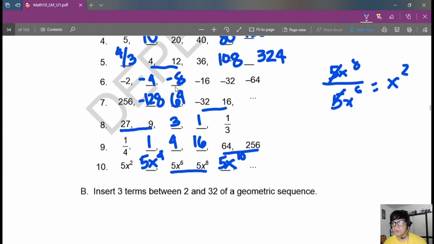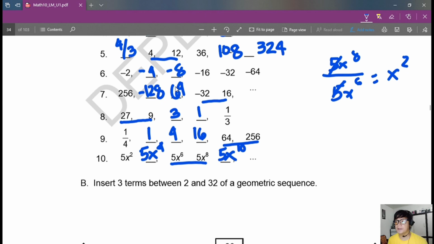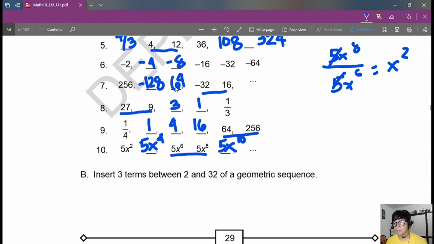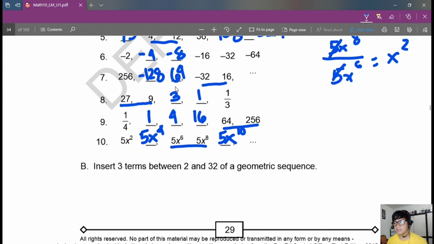Okay, so ganun lang kasimple yung geometric sequence. So it has a common ratio. So interconnected yung arithmetic sequence sa geometric sequence. Ang pagkakaiba lang, yung arithmetic sequence meron siyang common difference. Ang geometric sequence naman meron siyang common ratio.